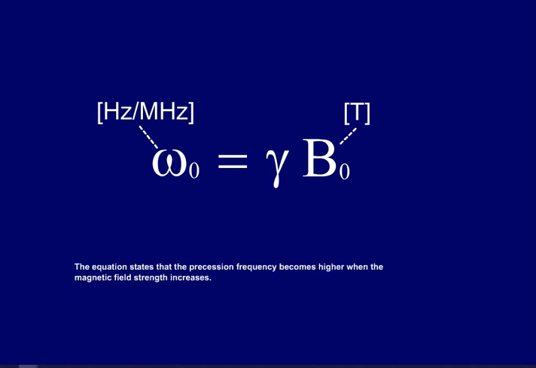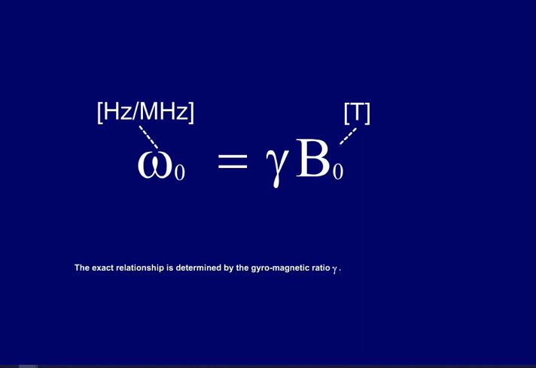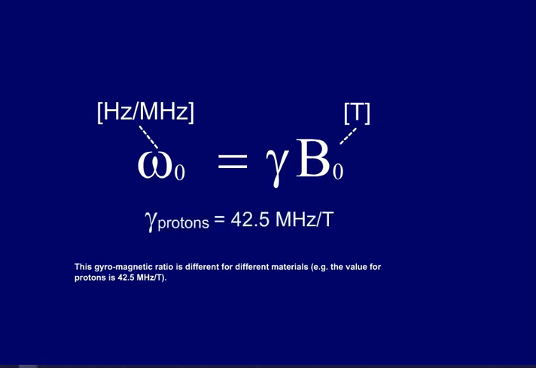The equation states that the precession frequency becomes higher when the magnetic field strength increases. The exact relationship is determined by the gyromagnetic ratio gamma. This gyromagnetic ratio is different for different materials. For example, the value for protons is 42.5 MHz per Tesla. It can be compared to an exchange rate, which is different for different currencies.